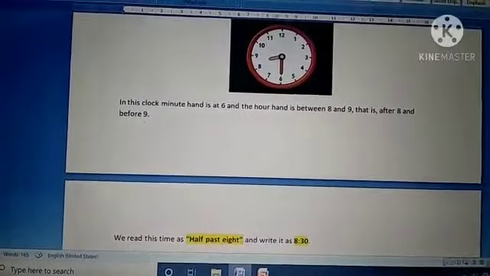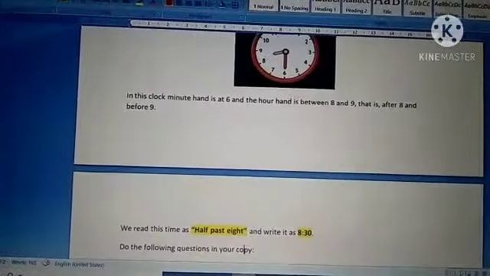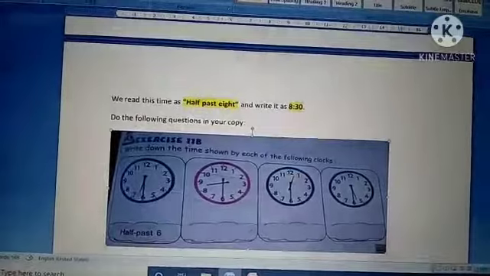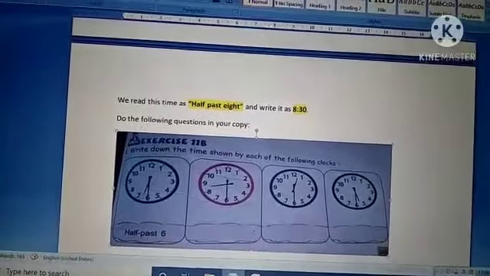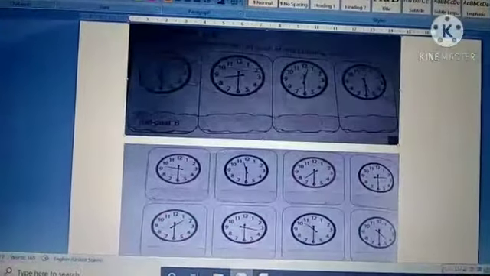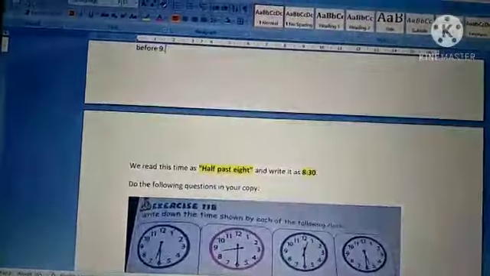We read this time as half past 8, that is 8:30. So this is the following exercise related to the half past concept which you have to do, students.